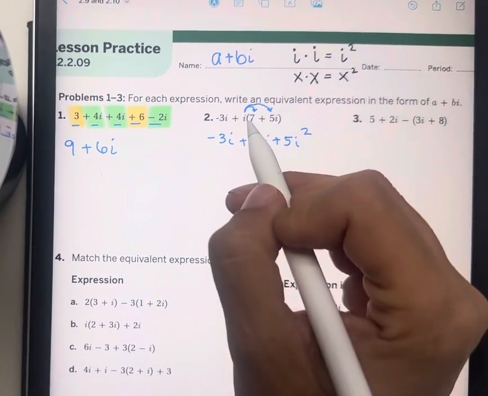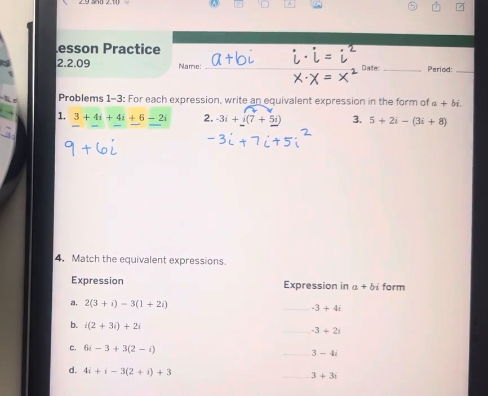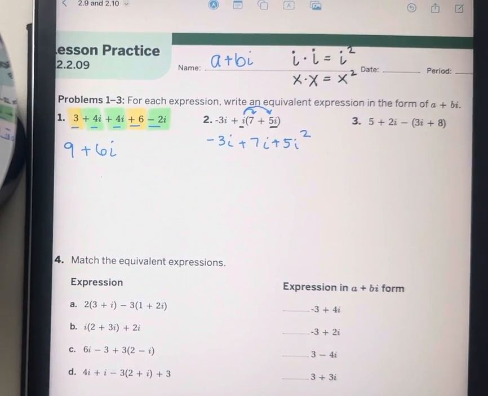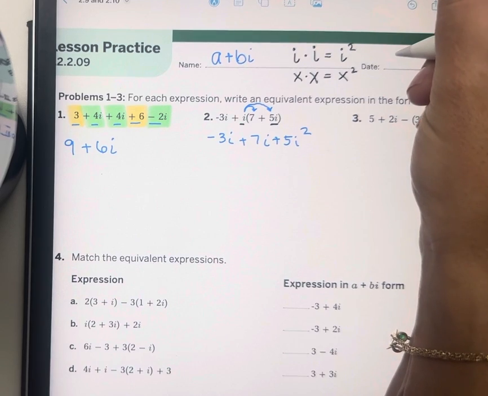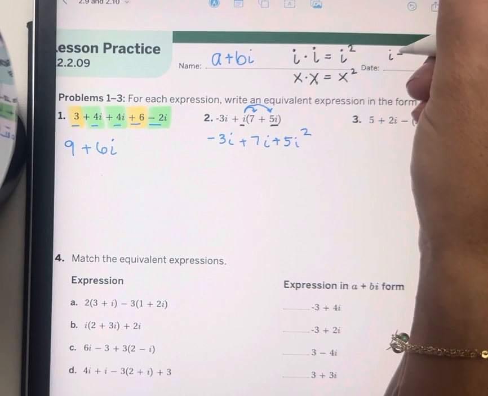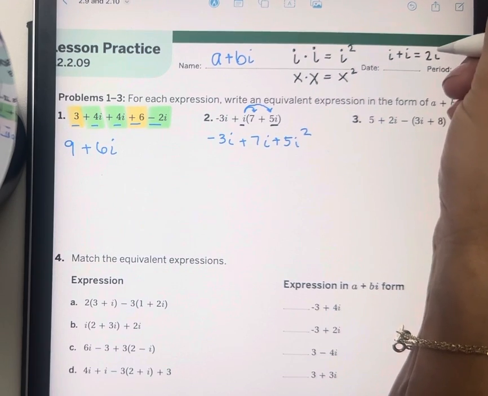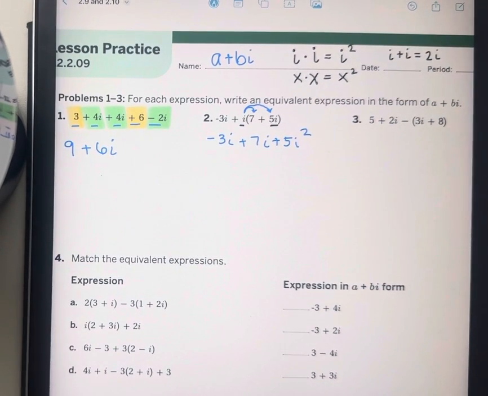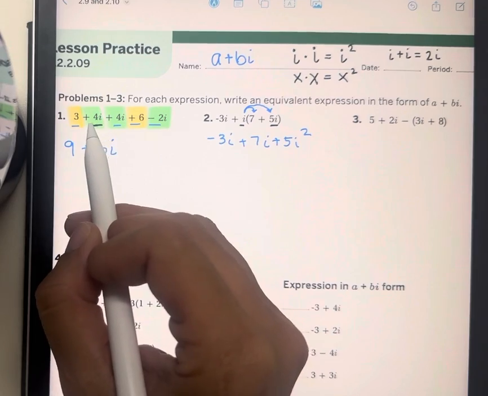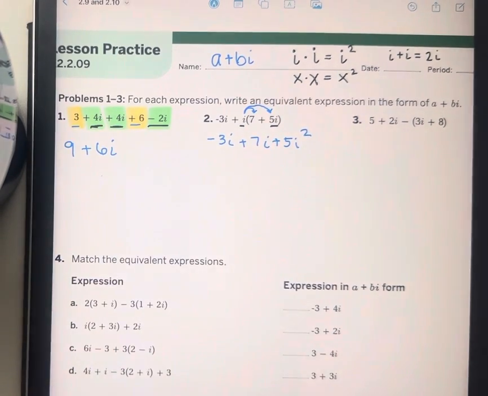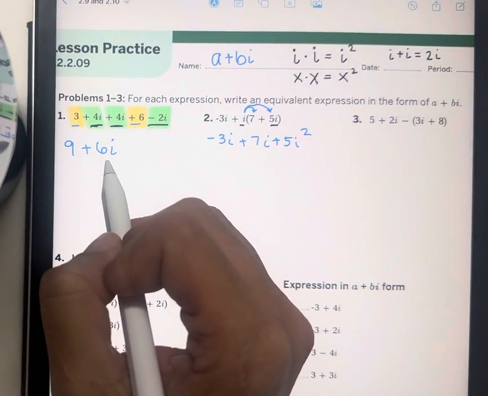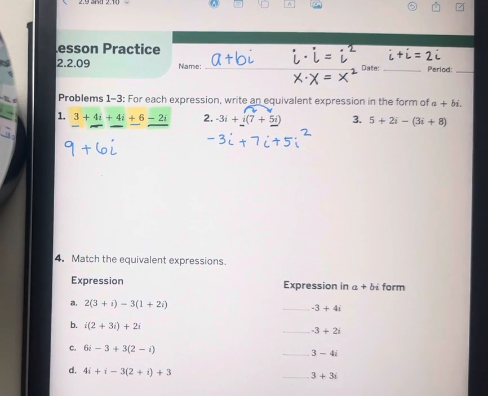So over here I had an i and I multiplied it by 5i. That i times i became i squared. Now, if it was i plus i, nobody becomes squared. That's just 2i. Or the same as right here where we did 4i plus 4i minus 2i. We didn't end up with anybody becoming squared or cubed or anything. That doesn't happen when you add.